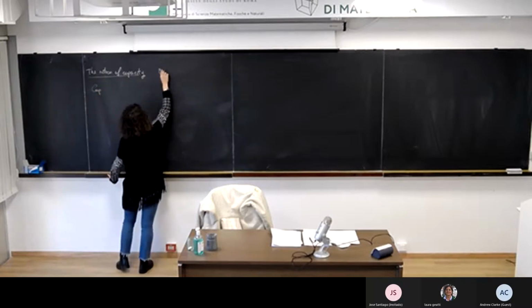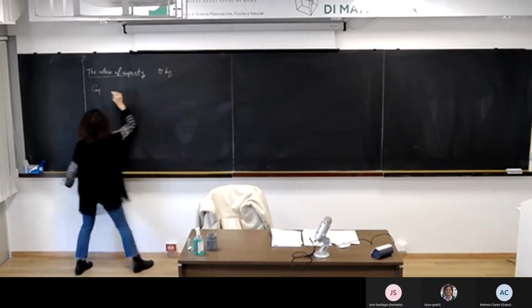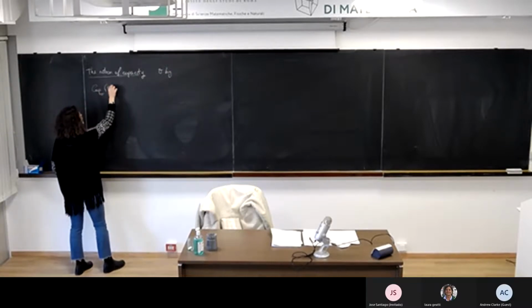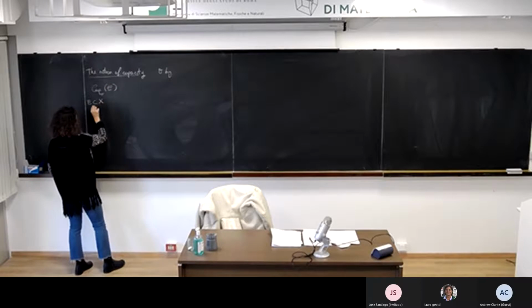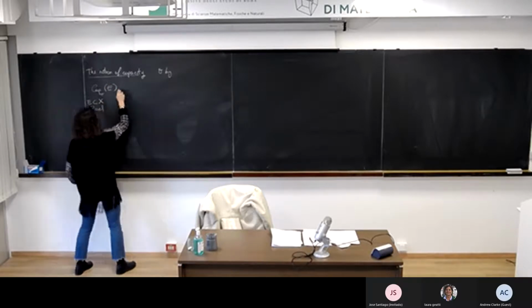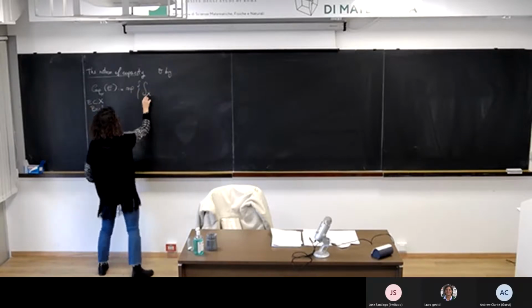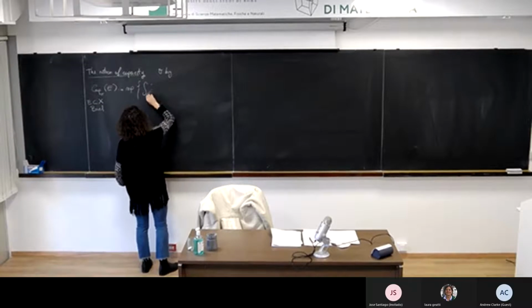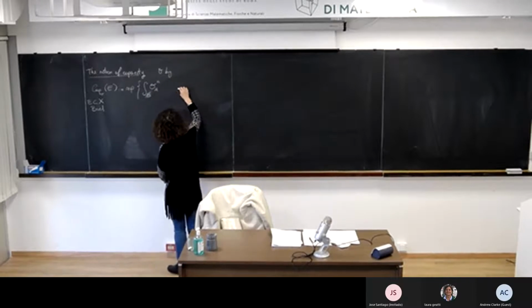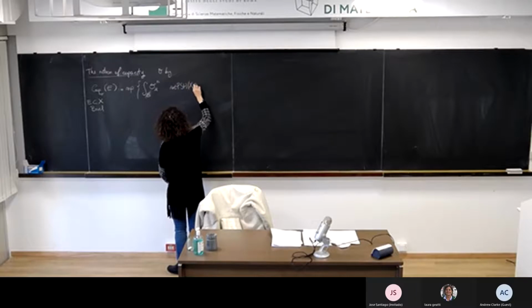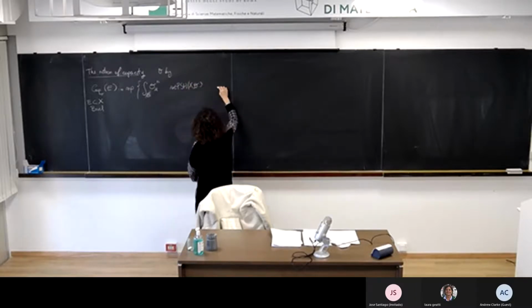Given theta, a big form, the capacity with respect to theta of any Borel subset E in X is defined, as we saw, as the supremum of the integral over E of theta_u to the power n, the Monge-Ampère measure of u, where u is of course a theta-psh function, because we want to be able to define the Monge-Ampère of u, and I asked you to be between V_theta minus 1 and V_theta.